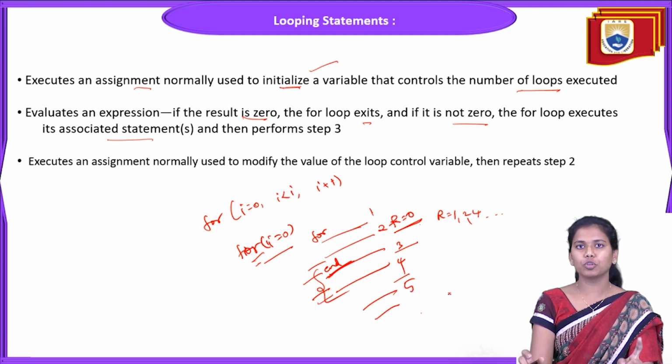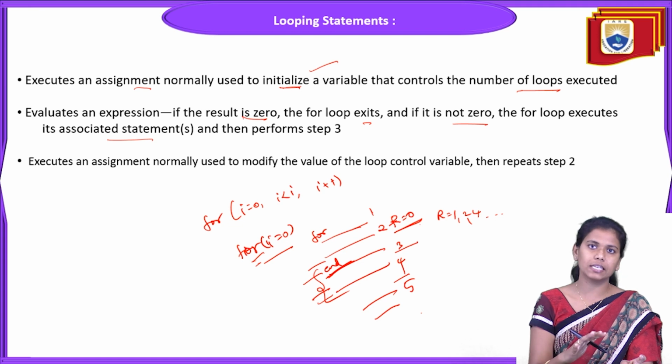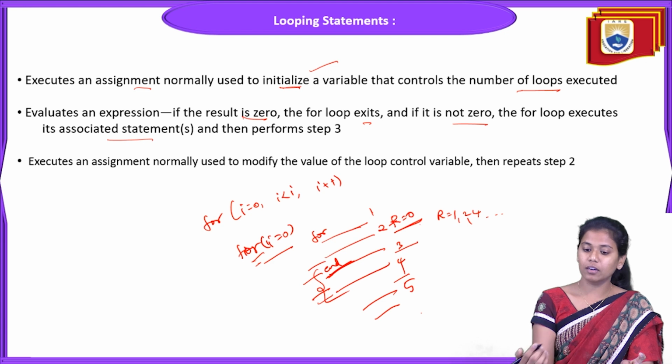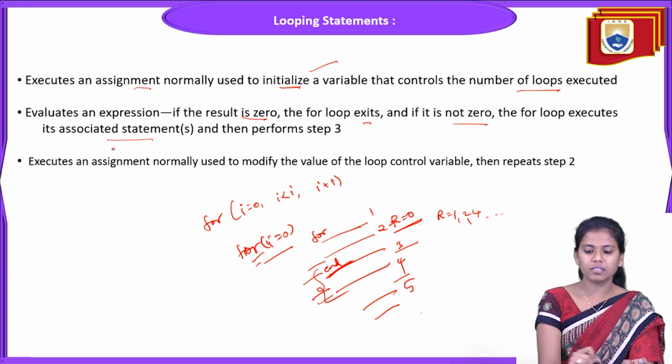The important thing to remember is that whenever the output becomes 0, the for loop will exit. If I'm getting a non-zero value, there's no problem; it executes the next associated statements.